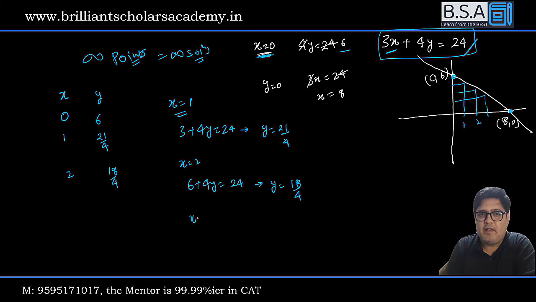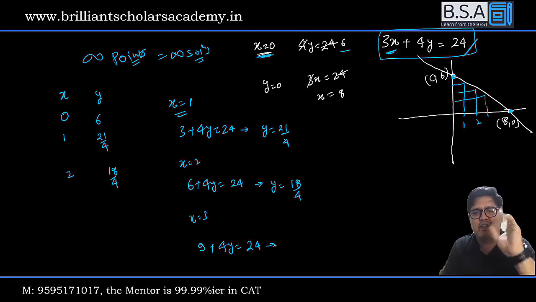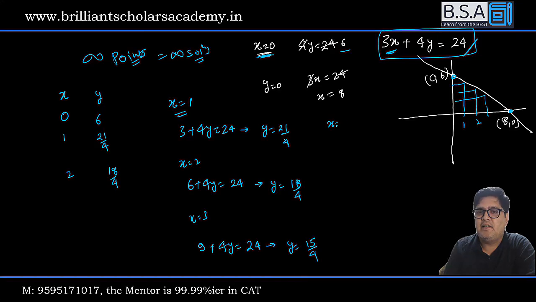When I put x is equal to 3, this becomes 9 plus 4y, 24. Just for the derivation purpose, we are going into so much detail. So y is equal to 15 by 4. When I put x is equal to 4 here, I get 12 plus 4y is equal to 24.